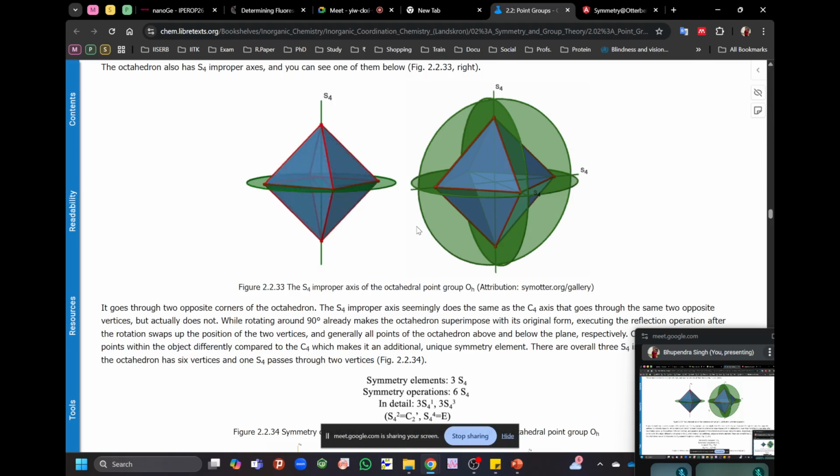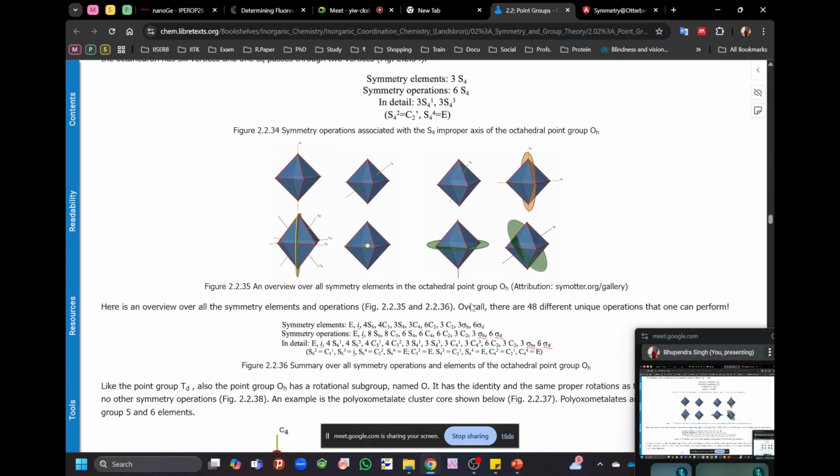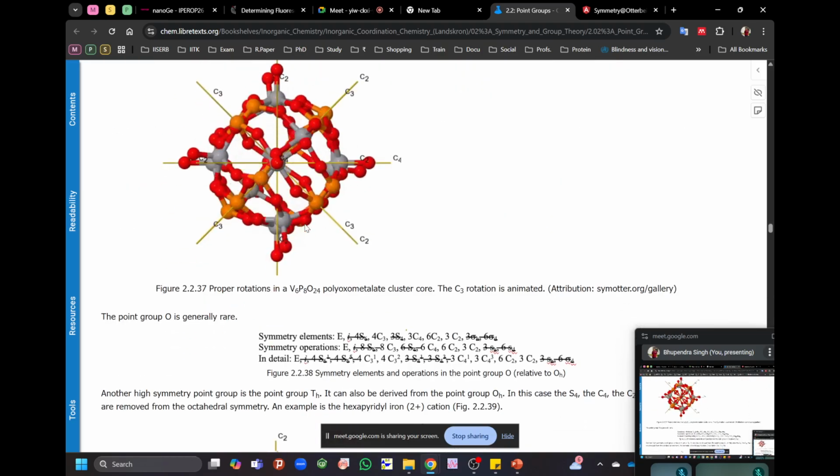I can see 3, right? 1, 2 and 3. Obviously these operations will be there. So this is how, in total, all the overall symmetry elements of this octahedral point group look.